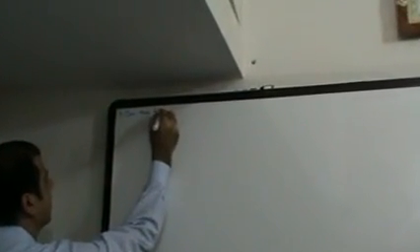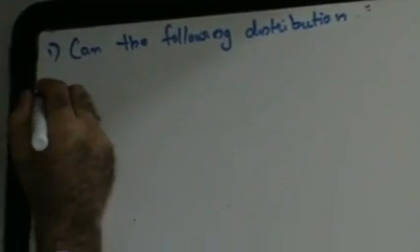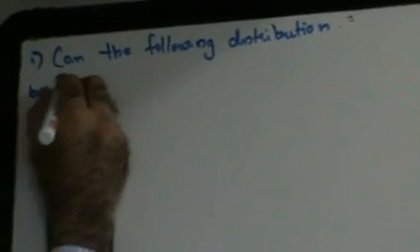Let's see this. Can the following distribution be a random variable of x?